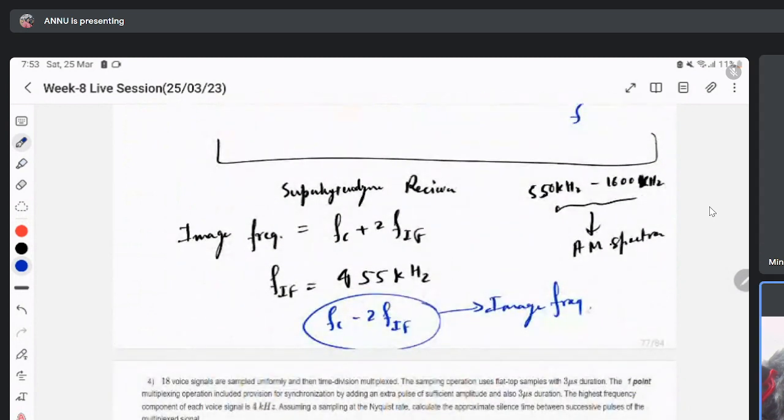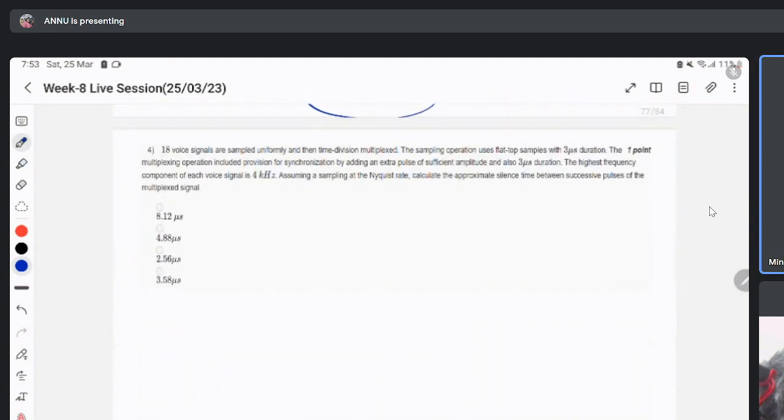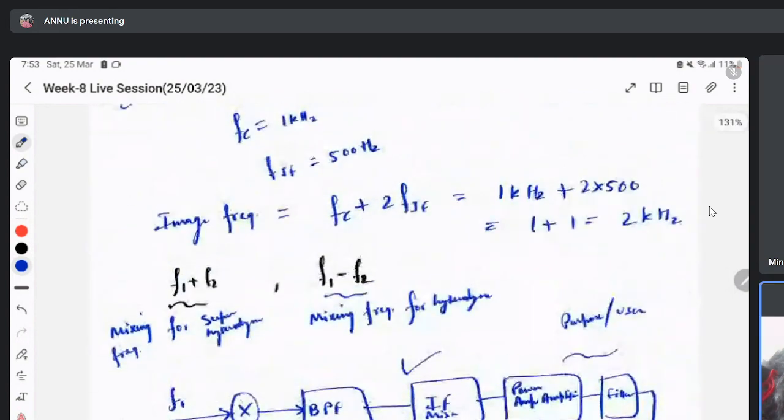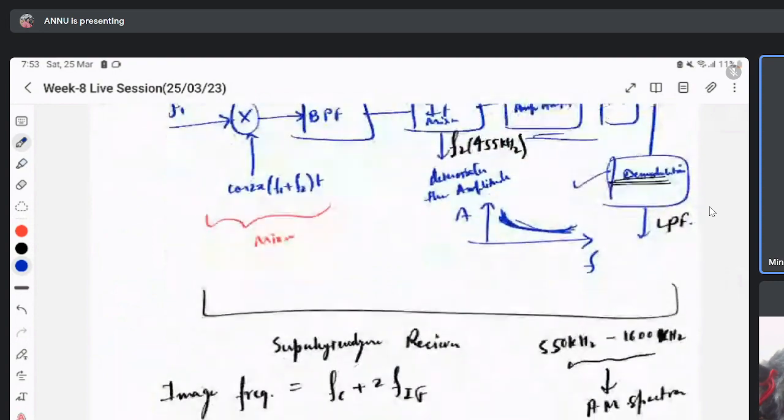You visualize it using F1 minus F2 less than F2. It will be some homework for you. So this is all about the superheterodyne receiver and the frequencies.